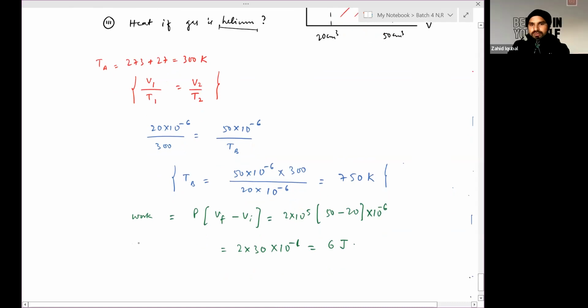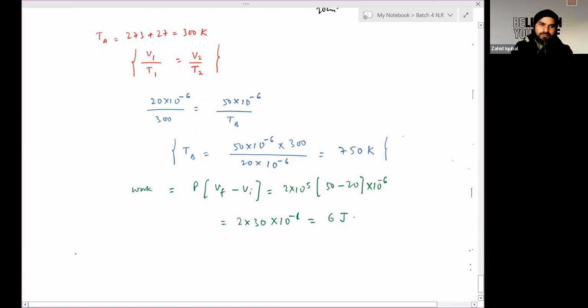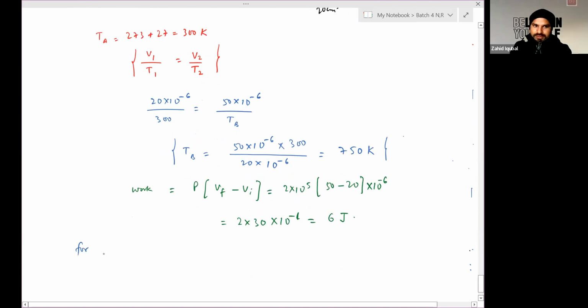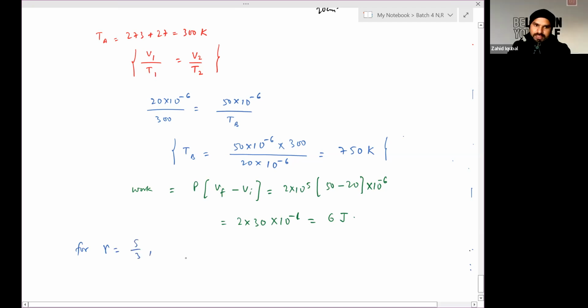So what will be the value of degrees of freedom for a monoatomic gas? 3. Good. So gamma will be 1.67, in terms of fraction, 5/3. Good. So we had the relation dQ equals gamma divided by gamma minus 1 times dW. Put the value of work done and gamma and simplify it to find heat.